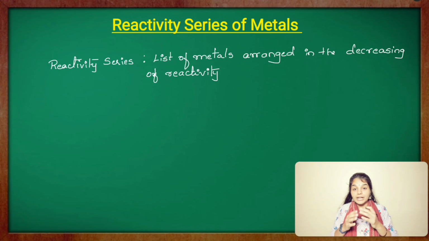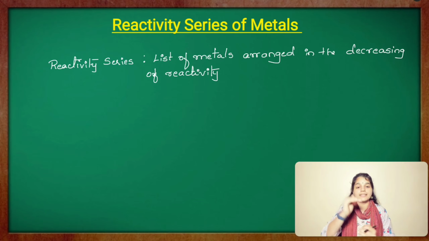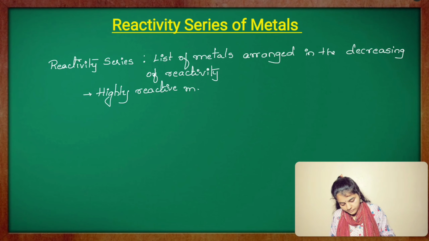It means that we are going to arrange metals in a list such that it is in the decreasing order of the reactivity. When I say it is in the decreasing order, it means that on the top of the list we have highly reactive metals. So you can write: highly reactive metals present at the top of the series.